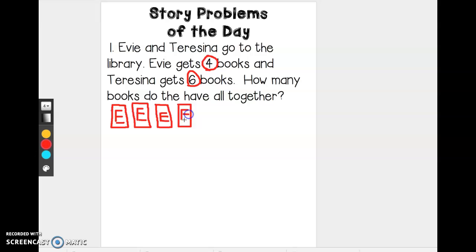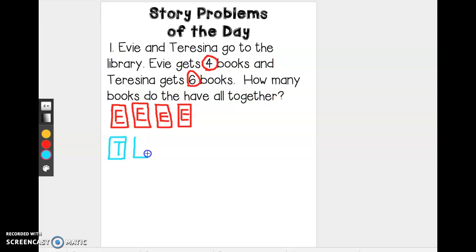Now Teresina got 6 books. So I'm going to just do hers in a different color so it will help us. So she got 6 different books, right? So we can draw 6 rectangles and put a T for Teresina.